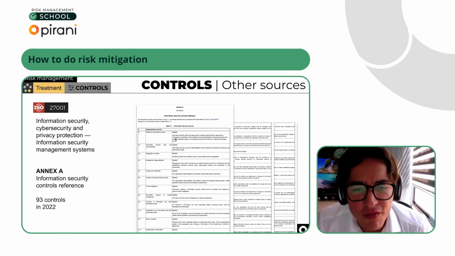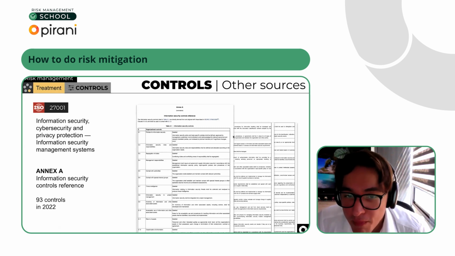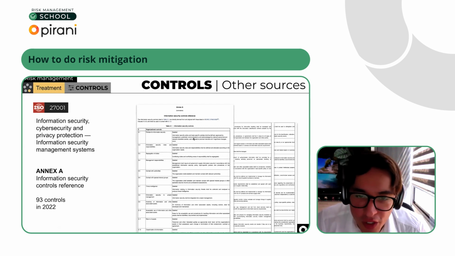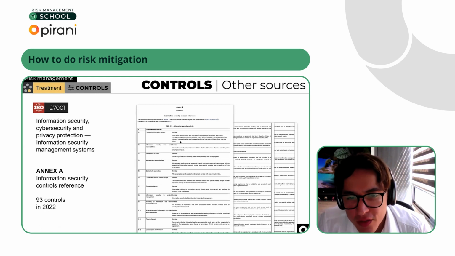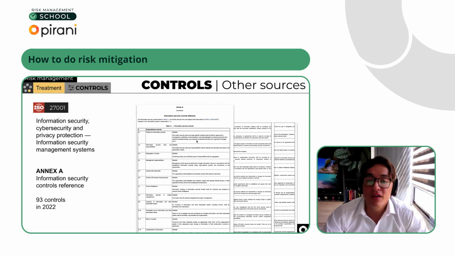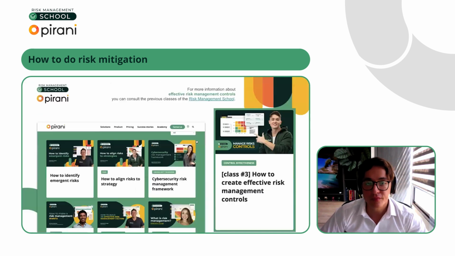The control would be: information security policy and topic-specific policies shall be defined, approved by management, published, communicated, and acknowledged by relevant personnel and relevant interested parties. So they even give you the description of the control. And remember, the control usually has policies and procedures.